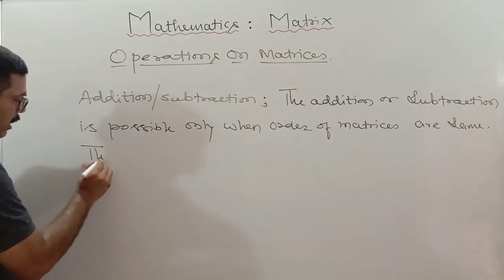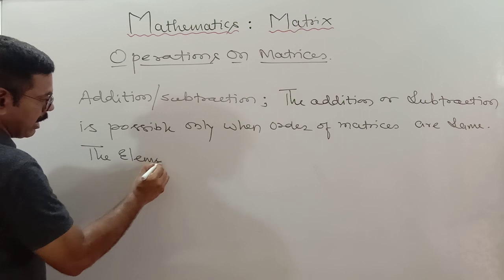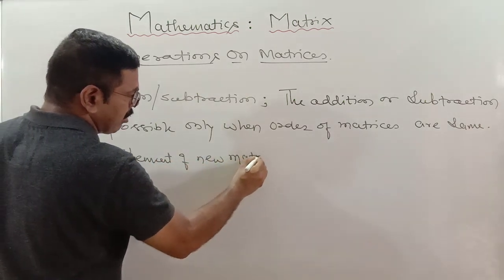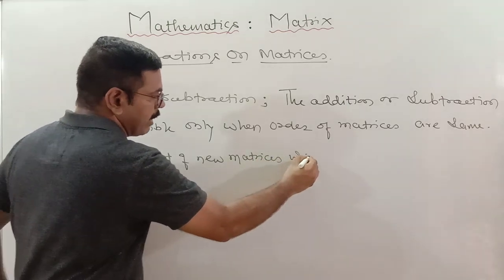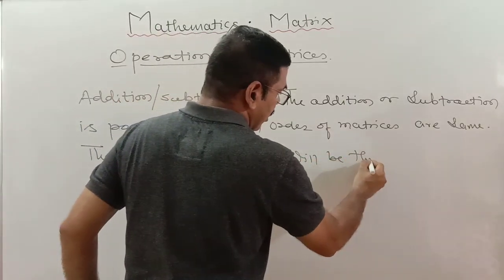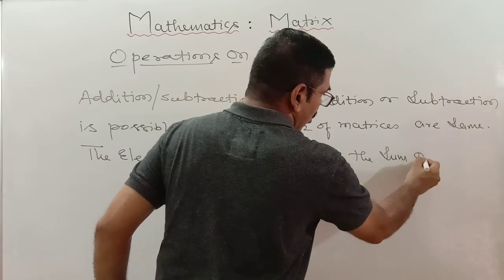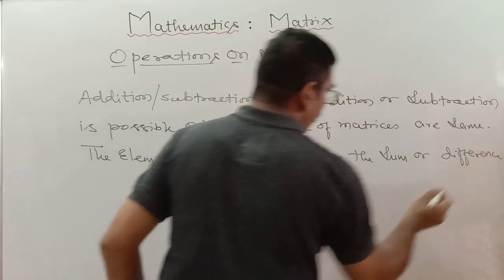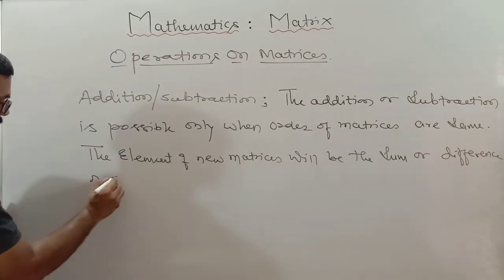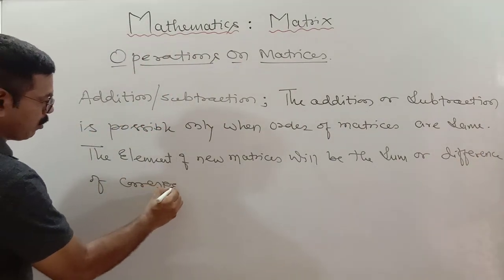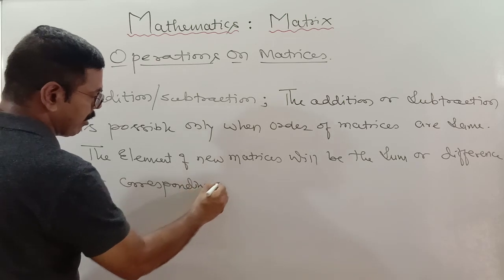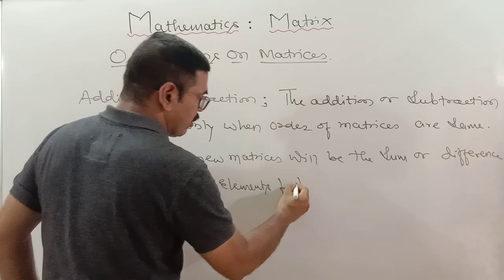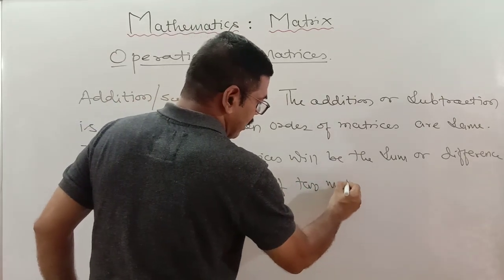The elements of the new matrix will be the sum or difference of the corresponding elements of the two matrices.